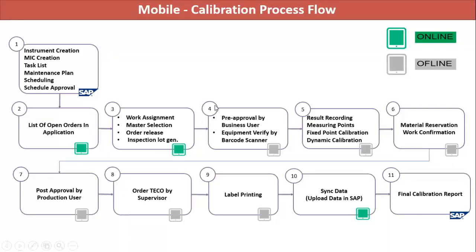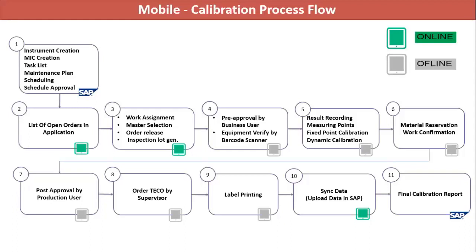Then the fourth step: from this step the whole process will work offline. In most systems there is no digital approval process. So before starting the work, we have added a pre-approval process where the technician visits the site in the production area, and the owner of your equipment or instrument provides the digital approval that there is no batch running at my end and you can start your maintenance or calibration activity.